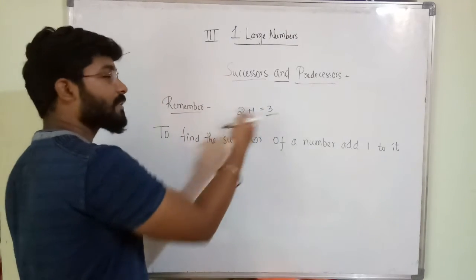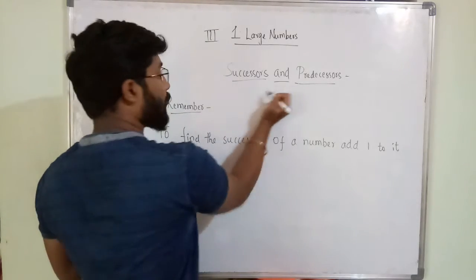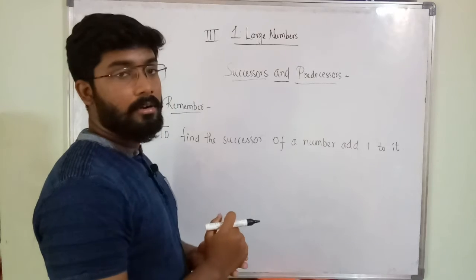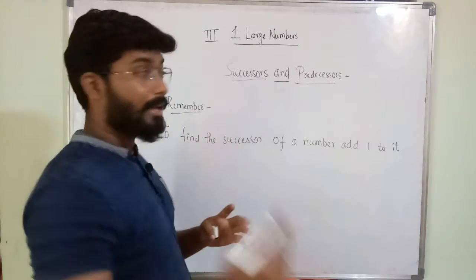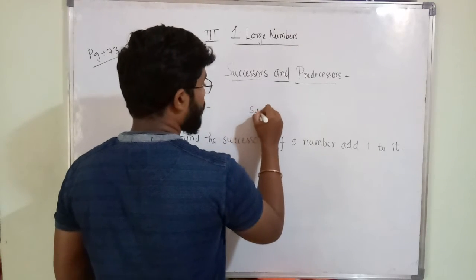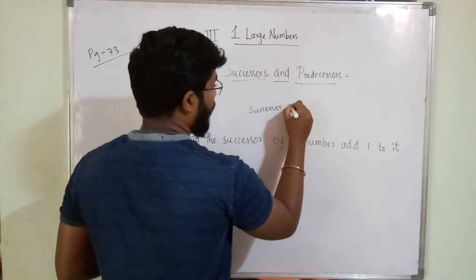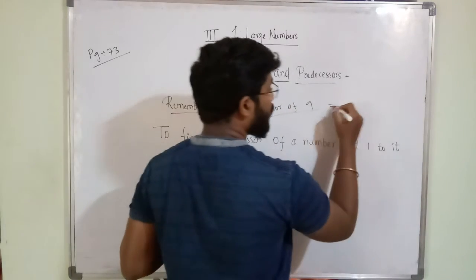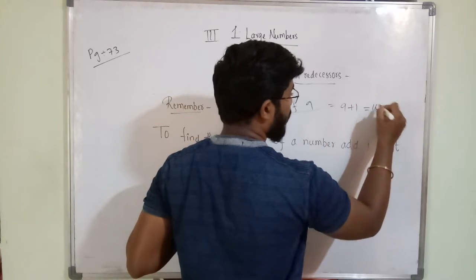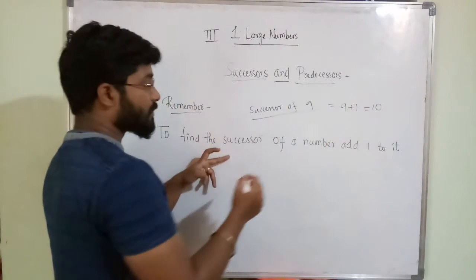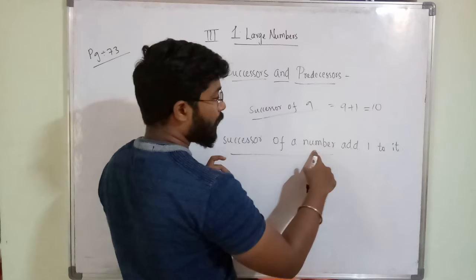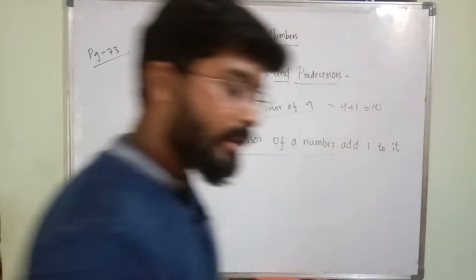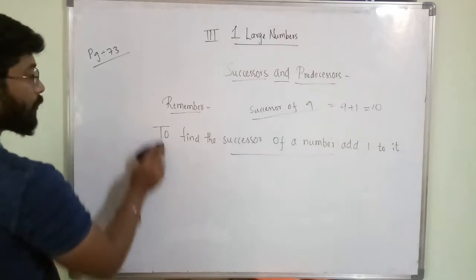The successor for 2 is 3. He will say find out what is the successor of 9. What is the successor of 9? 9 plus 1 is equal to 10. So to find the successor of a given number, we have to add 1 to the given number to get the successor.